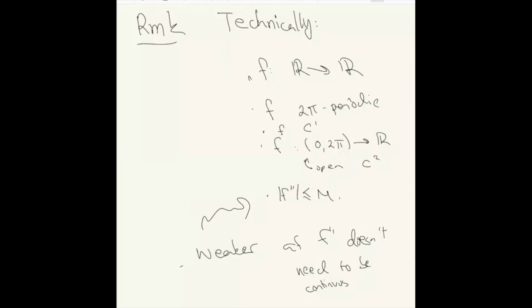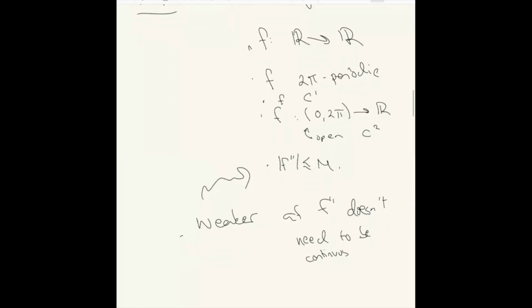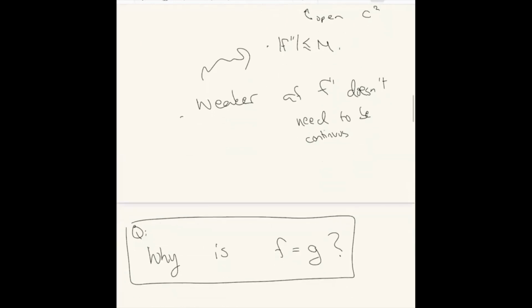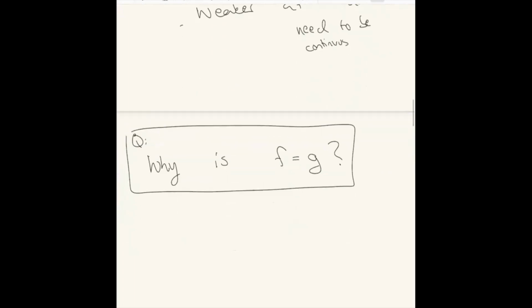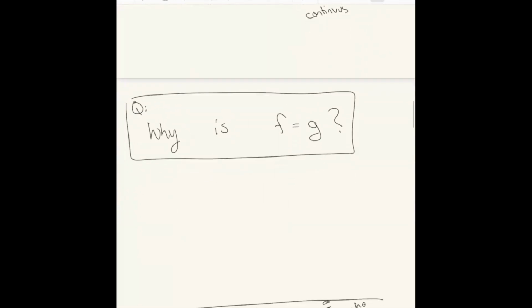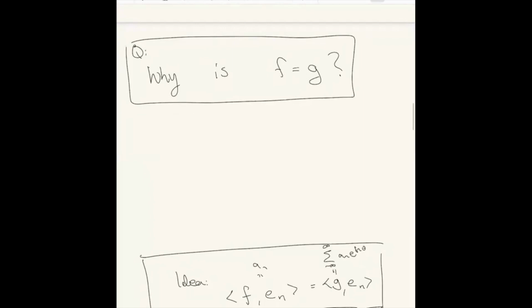So you could weaken the C2 assumption, or the continuity of the second derivative, by assuming that the second derivative exists and is bounded everywhere except at the endpoints, or finitely many points. It doesn't have to exist there. It's just for writing out simpler examples, but we don't really need that. But okay, so C2 gives us easily this decay condition, and you can weaken it if you want.